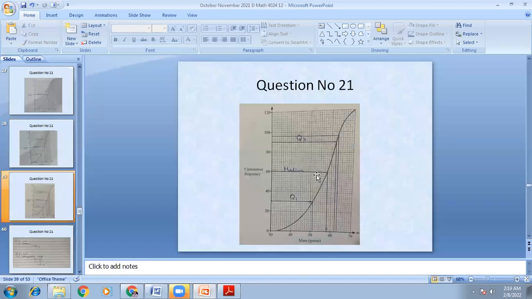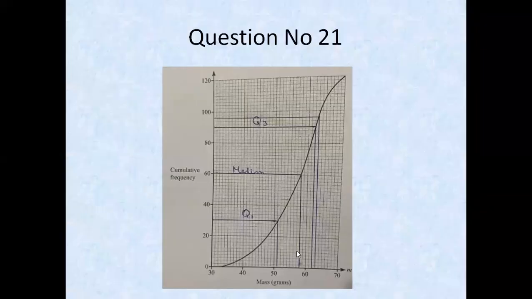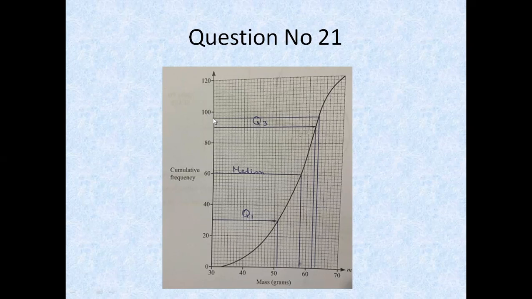Okay, so let me show you. So here we go. This is 63 grams. From here we draw a line, go there. This is something like 96. So from 120 subtract 96.